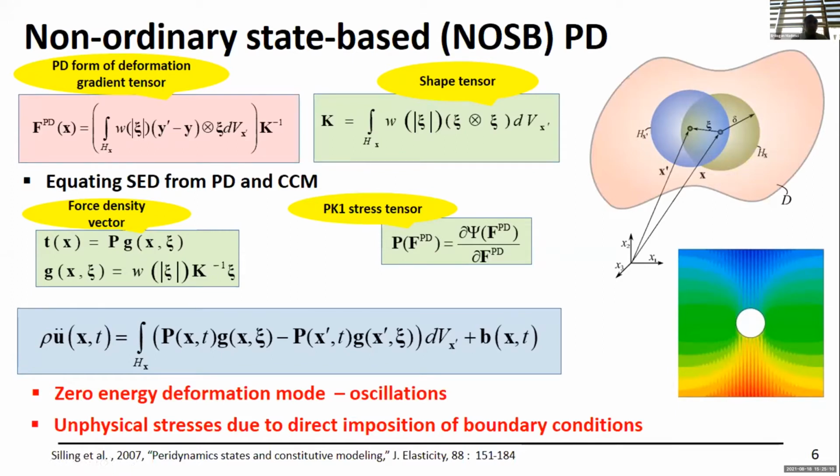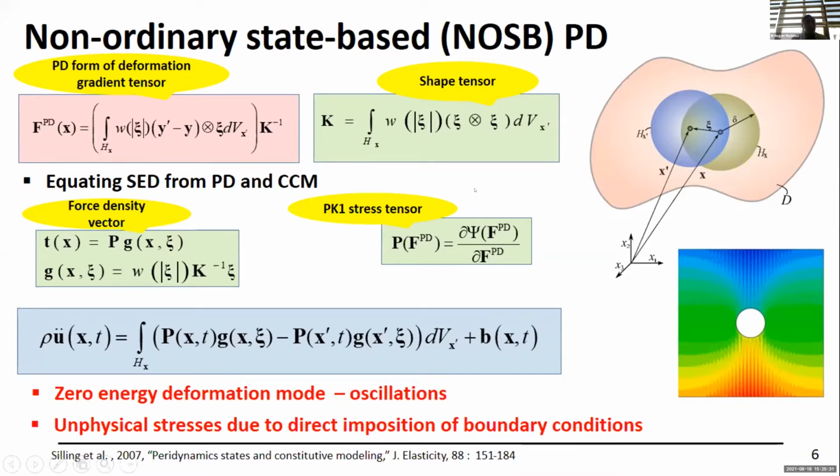And y and y prime are the position vectors in the deformed state, so x becomes y, x prime becomes y prime. And xi is the relative position between x and x prime, and the shape tensor is basically a tensor that gives us the relative position of x with respect to x prime in its family.